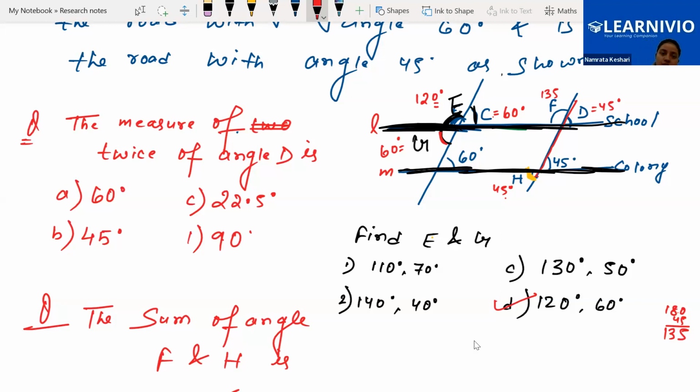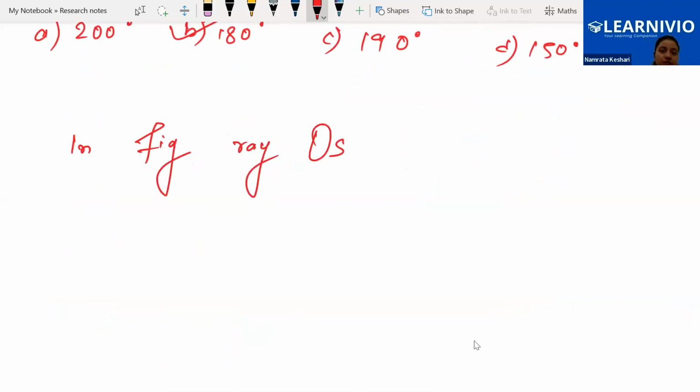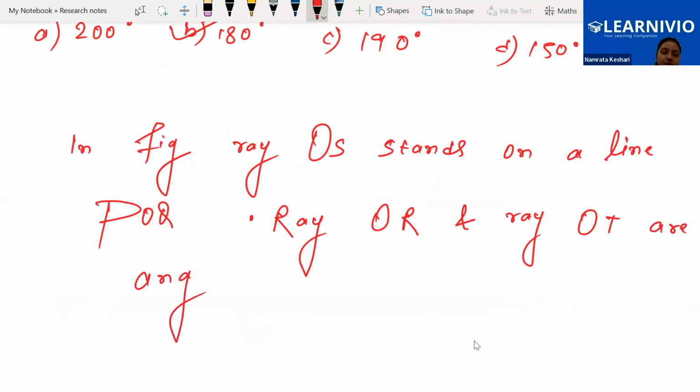Now the next question is, in the figure, ray OS stands on a line POQ, ray OR and ray OT are angle bisectors of angle POS and angle SOQ respectively.